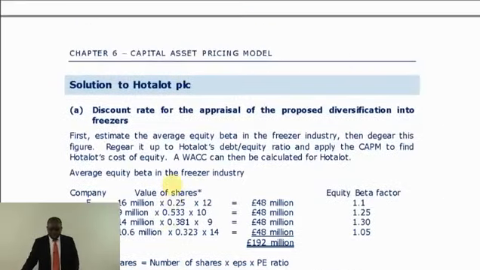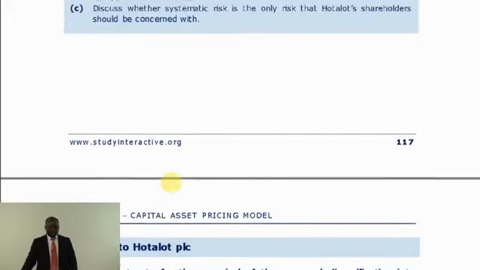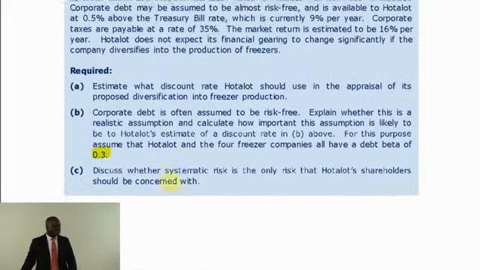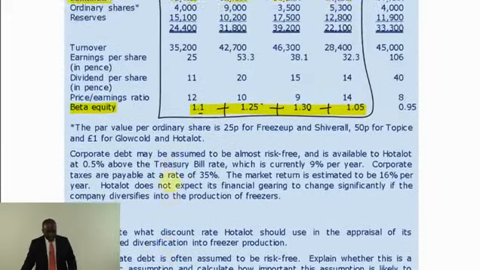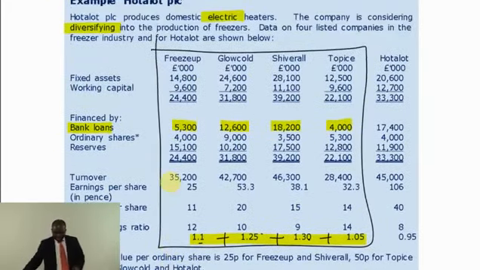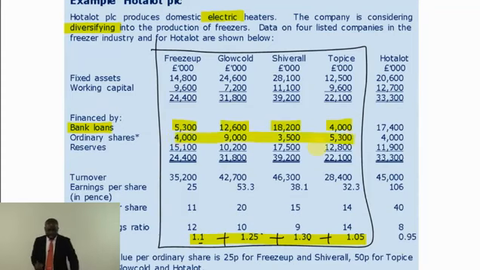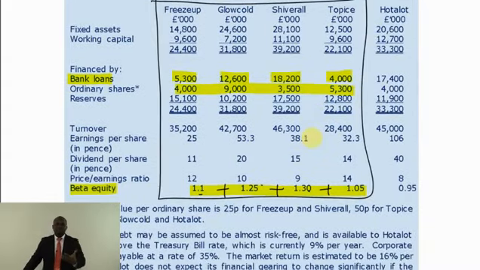So let's go. We all know equity market value is the market price multiplied by number of shares. If you come here to the balance sheet given, they said ordinary shares, these are nominal values in pounds. If they are in pounds and you need a number of shares, you have to divide by the nominal value per share, and they gave it to us here. The par value of ordinary shares is 25p for Freeze Up.